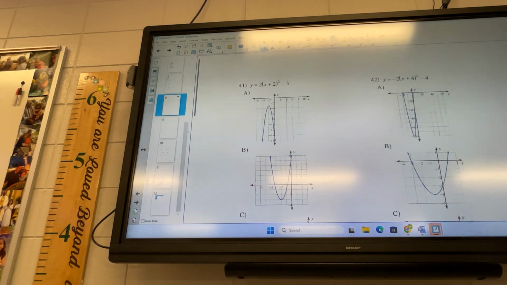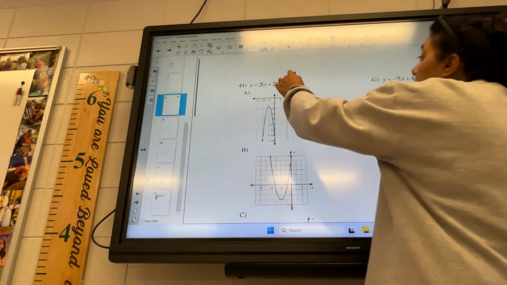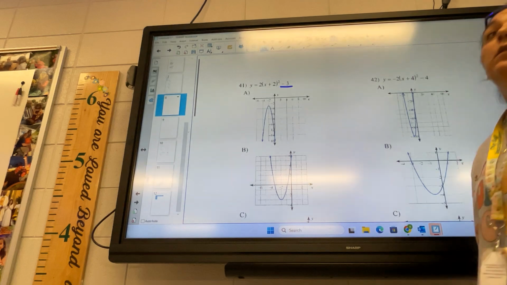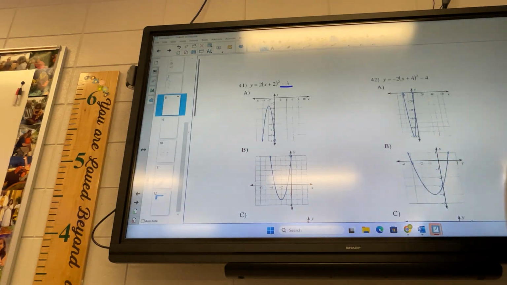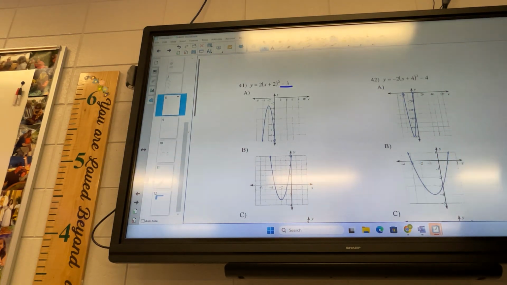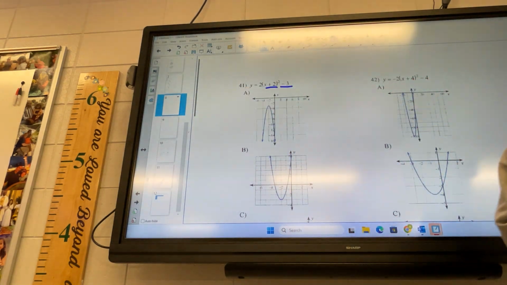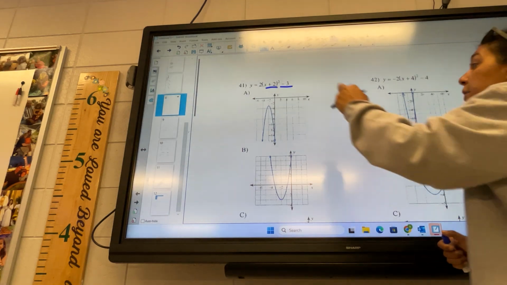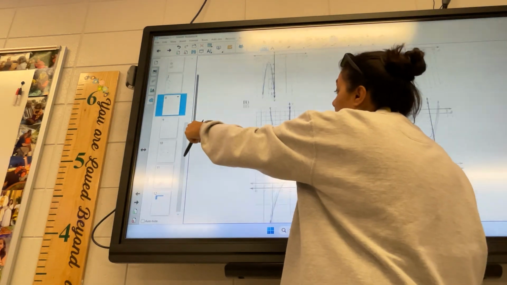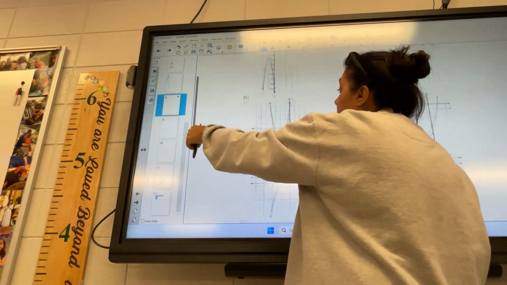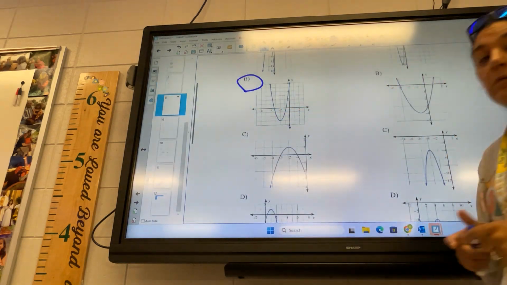However, what does this -3 do? We're going to go down 3. Okay, what about the inside? To the right too. Okay, but we already know that this is the only graph that opens upwards.